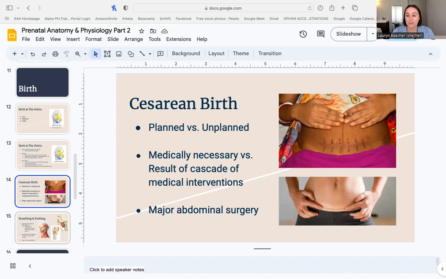Knowing that postpartum, if I had a major abdominal surgery, that scar tissue may not move as well as my muscles and connective tissue did before that surgery. So things that allow a gentle stretch on the front of the abdomen, like gentle back bends, even something like a bridge where you're getting a little bit of a stretch on the front of the belly, or cat-cow, might feel good.